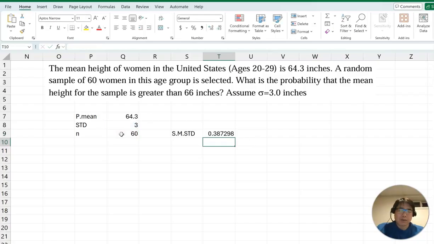Again, when you find the sampling mean probability, you have to use this sampling mean standard deviation in the normal distribution Excel command.